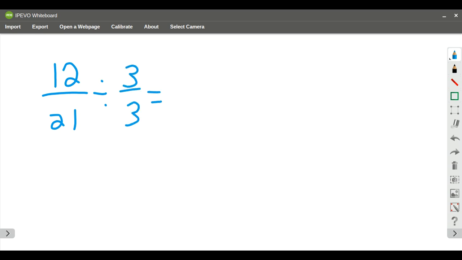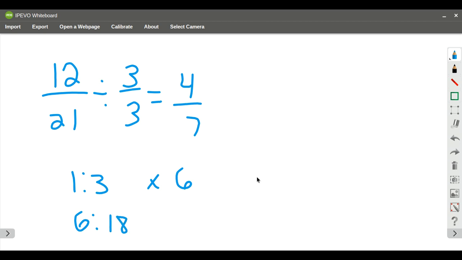And so my new ratio is going to be 4 to 7. On number 3, I have 1 to 3, so I can't divide out because 1 is already in lowest terms. So I'm just going to choose a value to multiply by. We'll just multiply the ratio times 6. So my new ratio is going to be 6 to 18.